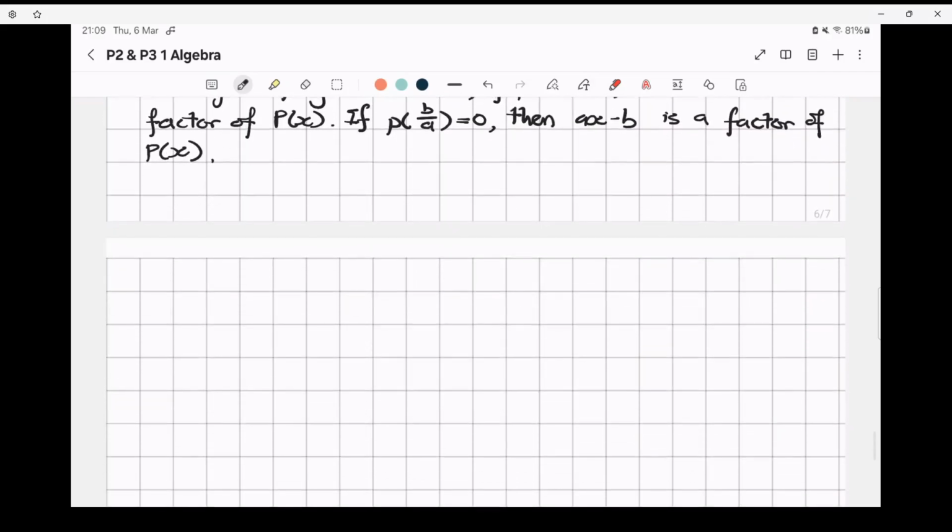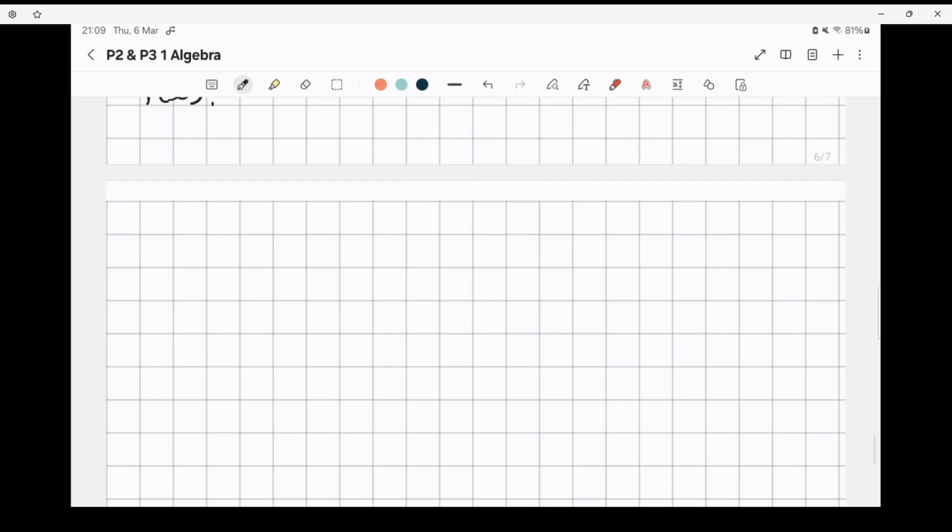There is another theorem called remainder theorem. So I will explain what the remainder theorem is, and then we look at 2 examples, and then that's it. So let's paste that equation again.